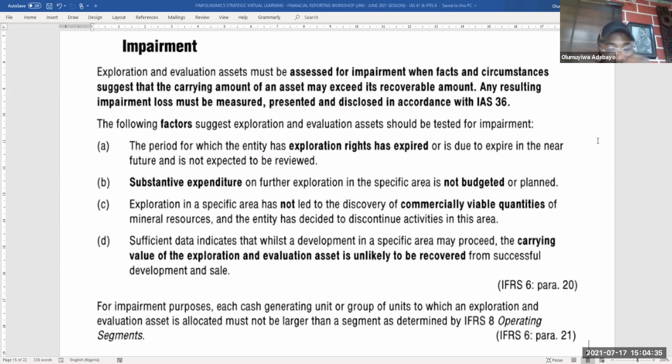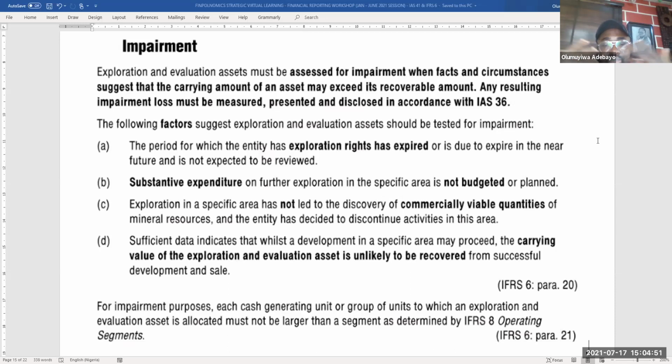And again, where evidence has shown you that though some areas you continue to develop will generate economic benefit, most other areas may not because of the lack of commercial viability.